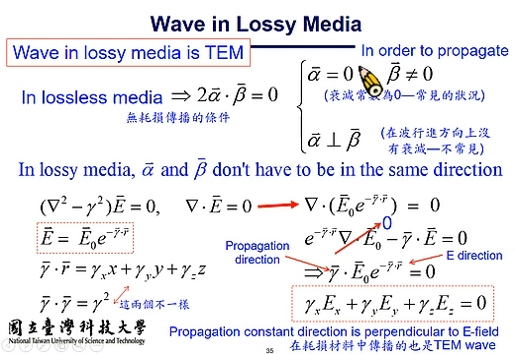The other condition to achieve the dot product of alpha and beta equals 0 is that the vector alpha and the vector beta are perpendicular, orthogonal to each other. If they are orthogonal, then the dot product term becomes 0 as well. Have you ever come across this kind of phenomenon?